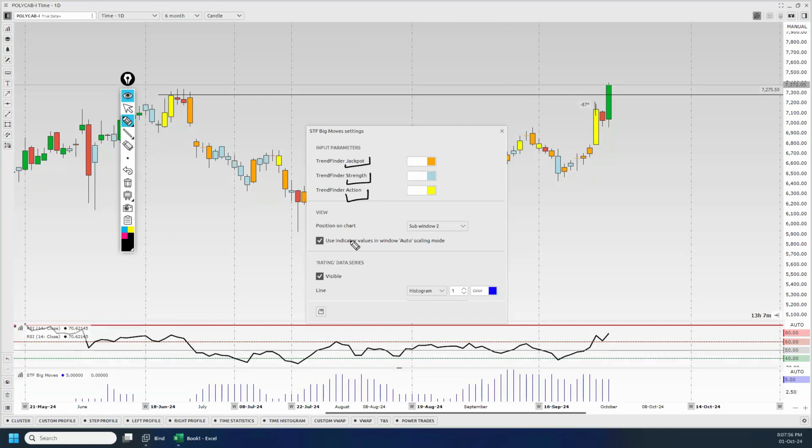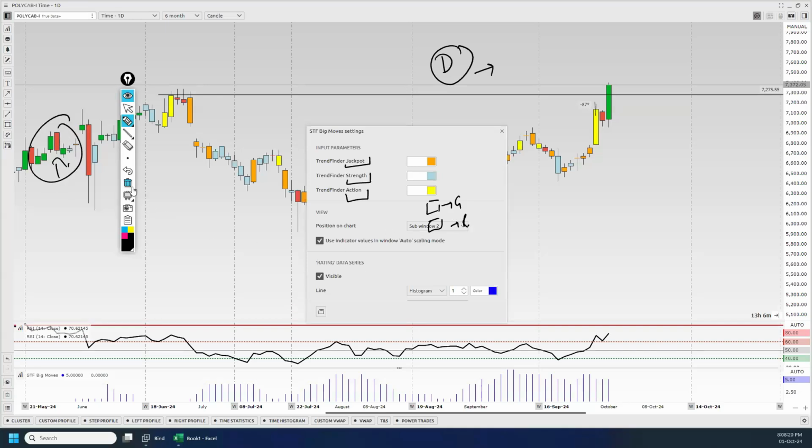This indicator we basically apply on a daily time frame. There are three kinds of candles it will convert. And if nothing is happening, like jackpot, strength or action, it will be the normal candle color you have, like green and red. So you might see a few green and red here.